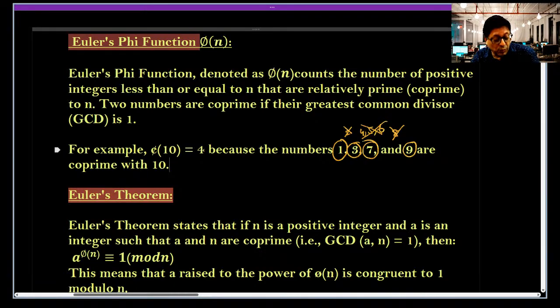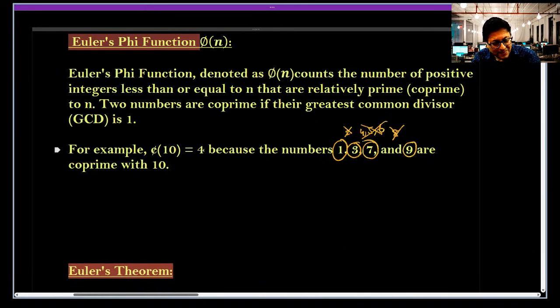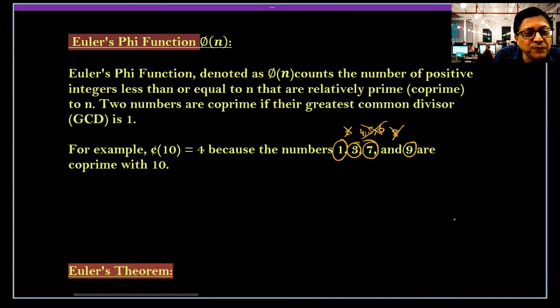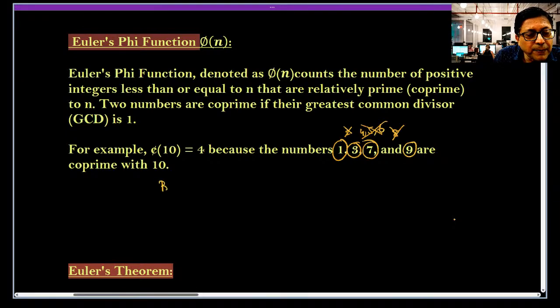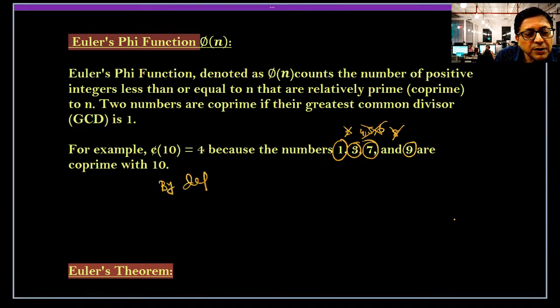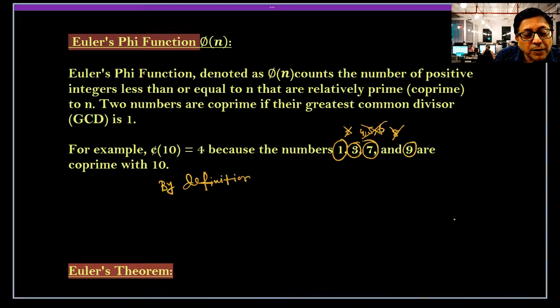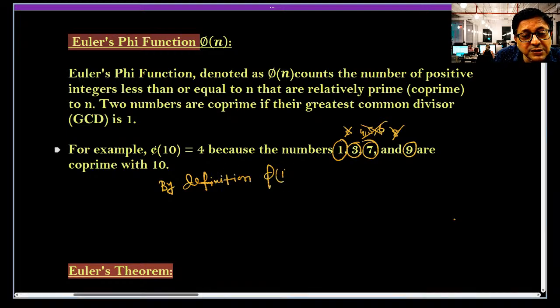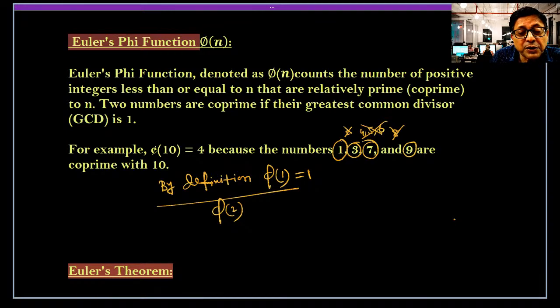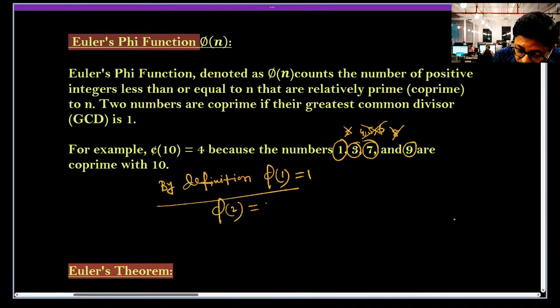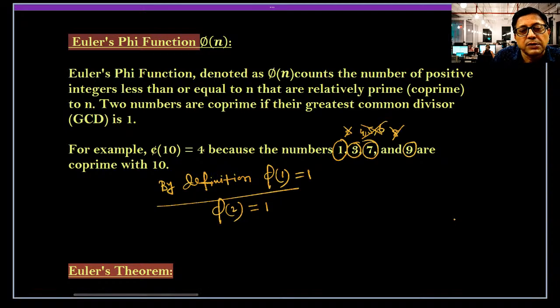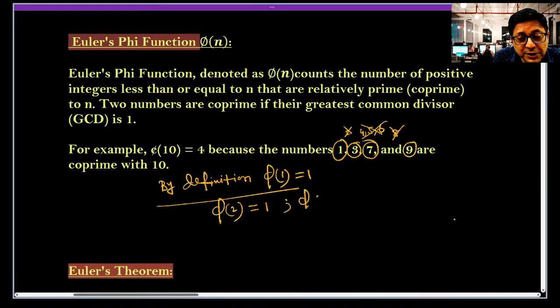What is phi 1? I will not remain silent about phi 1. By definition, phi 1 equals 1. Okay? What is phi 2? Phi 2 will be equal to 1. What about phi 3?